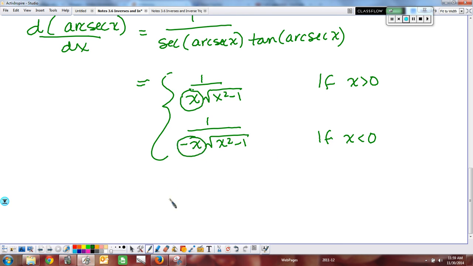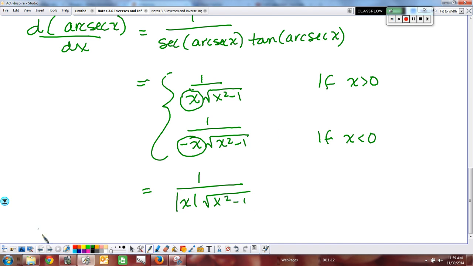Oh, what does that remind me of? That reminds me of absolute value. Because if x is negative, a negative times a negative is positive, and if x is positive, obviously positive. You can actually turn this into one formula: absolute value of x, square root of x squared minus 1.